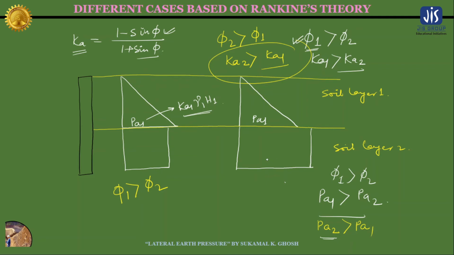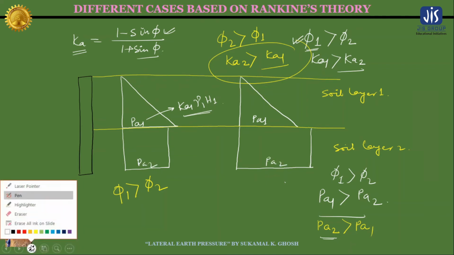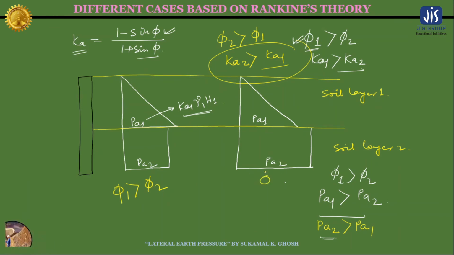So this is Pa2. This is Pa2 also. So this is the case if phi 2 is greater than phi 1. So you may understand that if different kinds of soils are there, then depending upon the angle of internal friction or angle of shearing resistance, the pressure distribution diagram will vary.